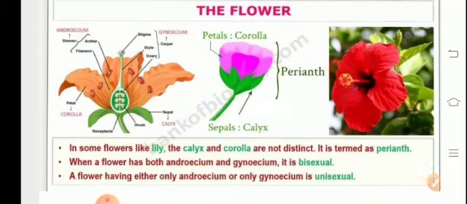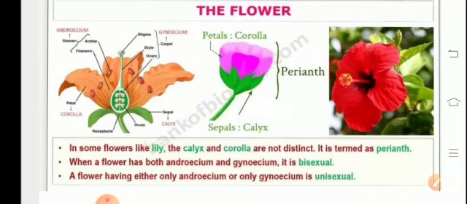Such flowers are called bisexual flowers, which have both androecium and gynoecium. For example, hibiscus. Examples of dioecious plants are papaya and date palm. When we talk about unisexual, that means the flower will have either the male or the female.